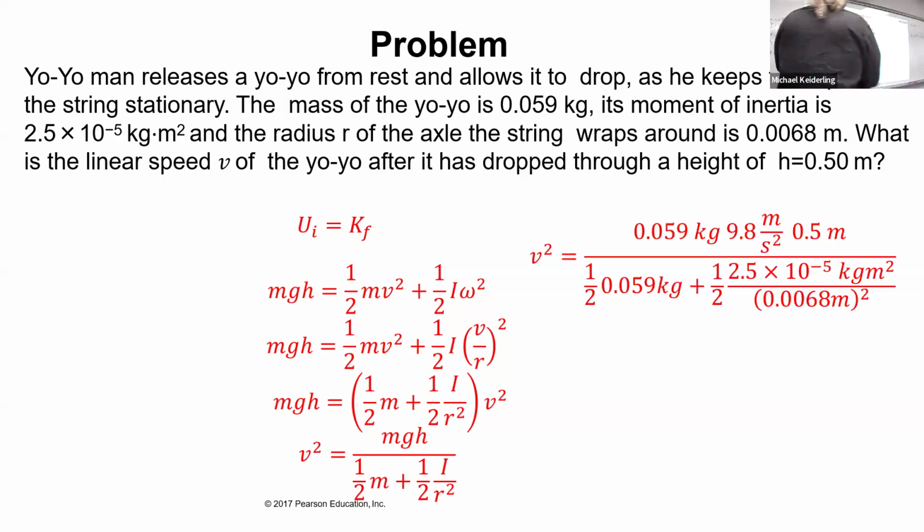There's a better way you could have solved this. You could have done mgh equals 1/2 mv squared times 1 plus I over mr squared, and then v squared is 2gh over 1 plus I over mr squared.